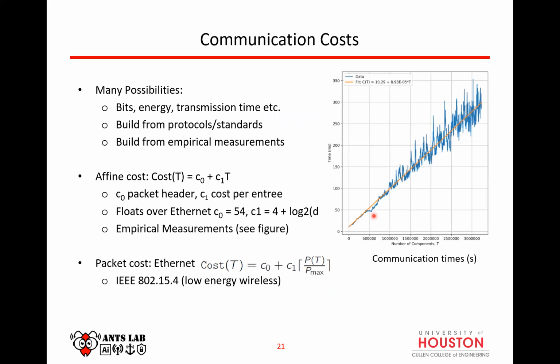And for the communication cost, they say that there are many possibilities. Right now we were looking at the number of bits transmitted. They say this can be easily extended to the energy or the delay, the transmission time, etc. They also say that right now we were talking about the communication cost, using what communication protocol or what standard you're using.